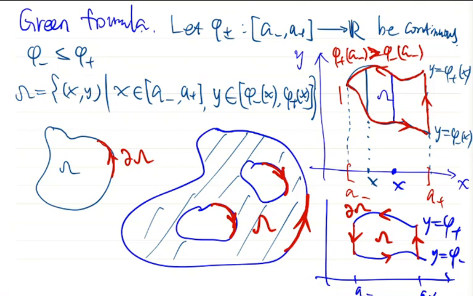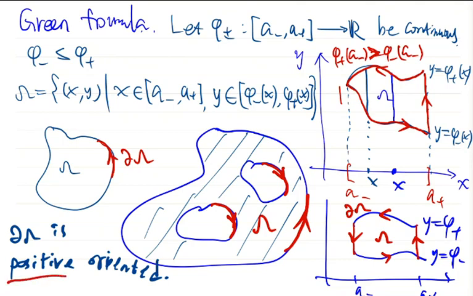Okay. Such orientation we call positive oriented. So we define what we say positive oriented in this manner. That is, when you go along the boundary, the domain lies on your left.